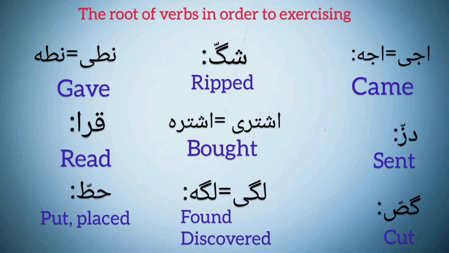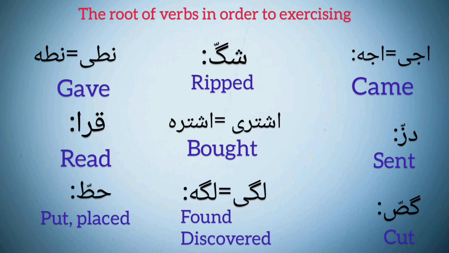The last vowel, we have to read twice. شق basically means ripped or torn. Then اشترى. It's written اشتري, but we have to read it اشترى. It basically means he bought. It's the past tense of buying, okay?